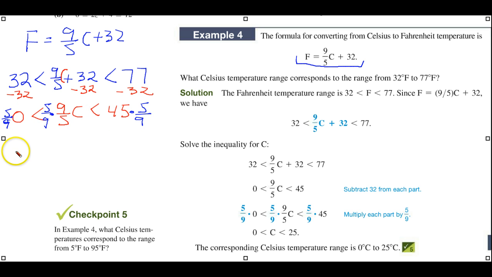Now here, this is just going to be 0. This now all cancels out, and you end up with C. And here, 9 goes into there once, 9 goes into there 5 times, and there is our answer. So the range, 32 Fahrenheit to 77 Fahrenheit, is 0 Celsius to 25 Celsius.